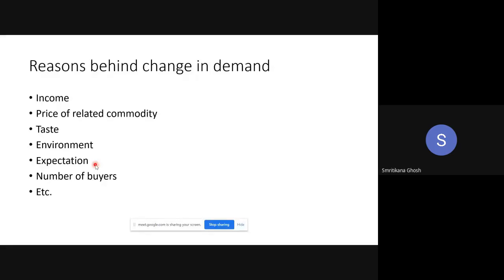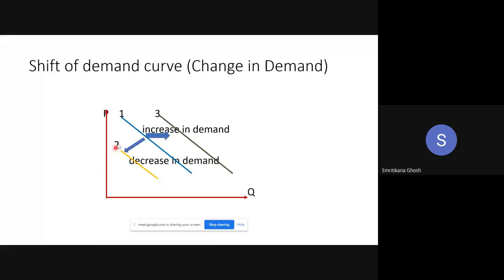So today my demand for ITC shares has increased. So my demand curve for ITC shares has moved from 1 to 3. This is increase in demand. Is that okay to you? ITC is a company.